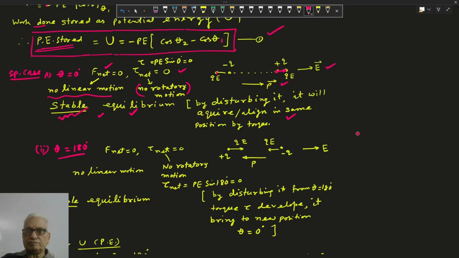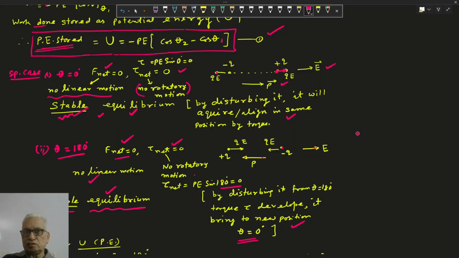Suppose theta is 180, P and E are in opposite directions. On the negative charge the force is opposite to the electric field, on the positive charge along the field, again QE and minus QE are equal and opposite, net force is also 0. The angle between P and E is 180, so because of sin 180 the torque is also 0. No linear motion because force is 0, no rotatory motion because torque is 0. Again it is called equilibrium. But if we disturb it a little bit, torque will develop and it will align into a new position, that is theta 0, in the direction of the electric field. So this equilibrium is completely disturbed by disturbing.